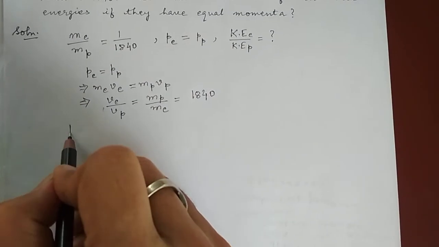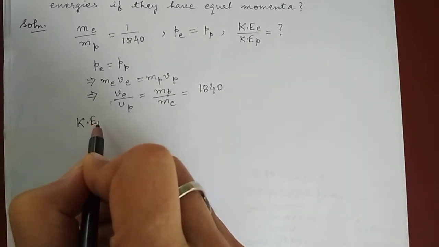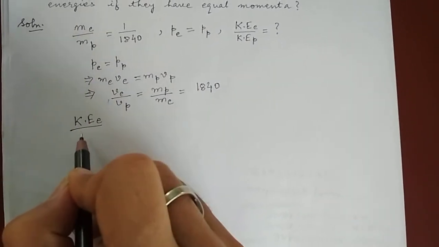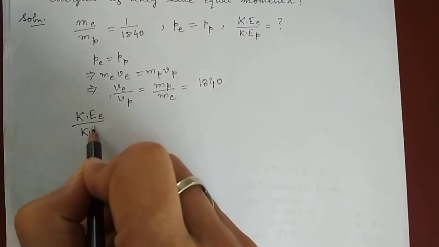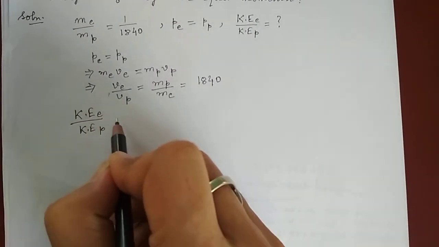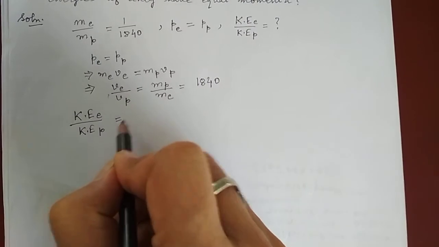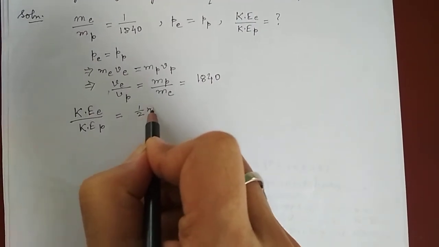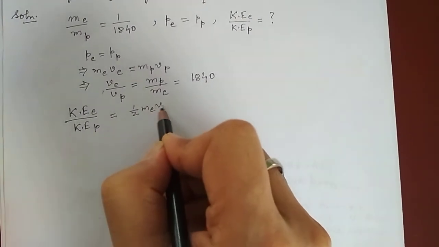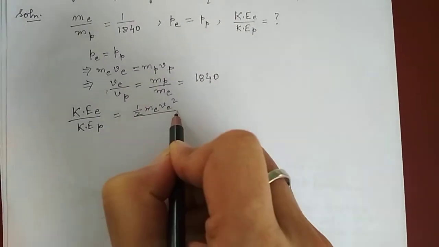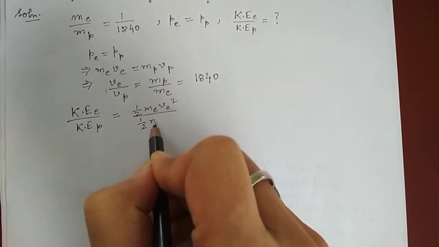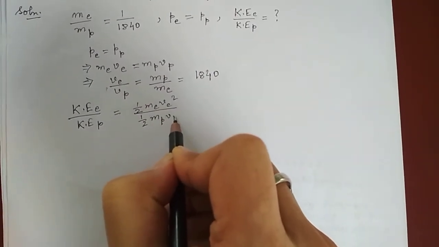Then we can find the required quantity, that is the ratio of kinetic energy of electron to kinetic energy of proton, as half MEVE square divided by half MPVP square.